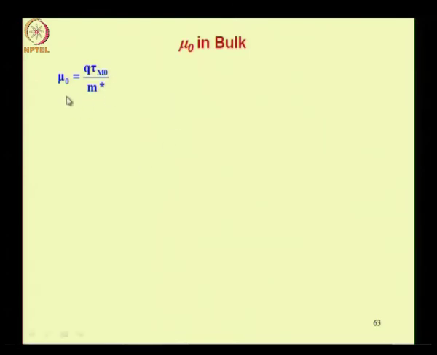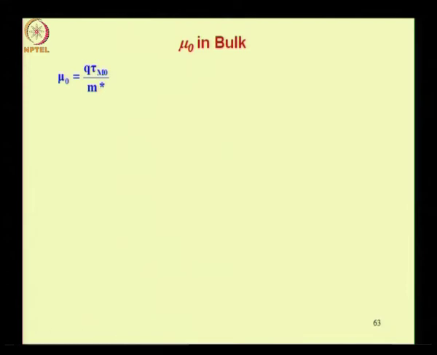The formula for mobility we are rewriting here from our earlier module. The low field mobility mu naught is equal to q times the momentum relaxation time close to equilibrium divided by the effective mass. Now we have said that we use the symbol m star when we want to generally refer to electrons and holes.